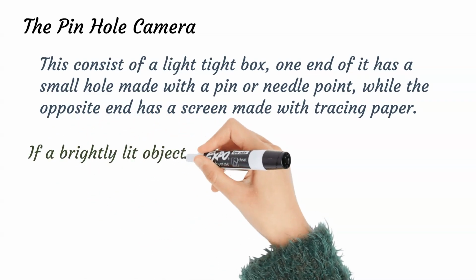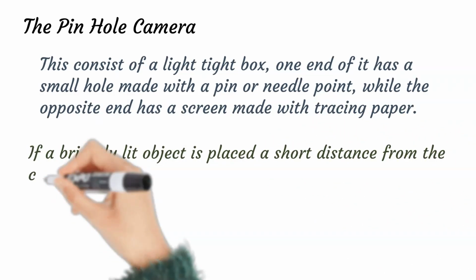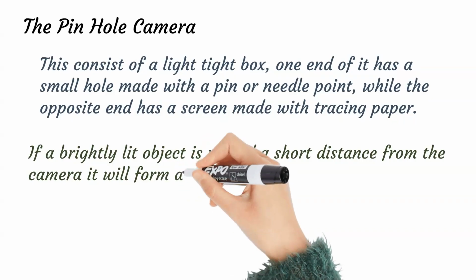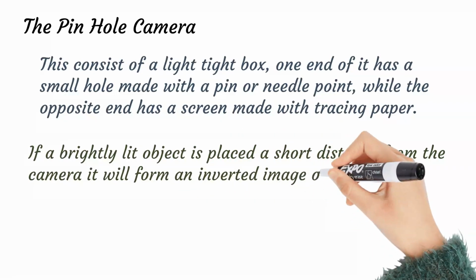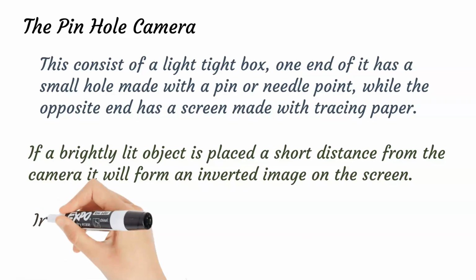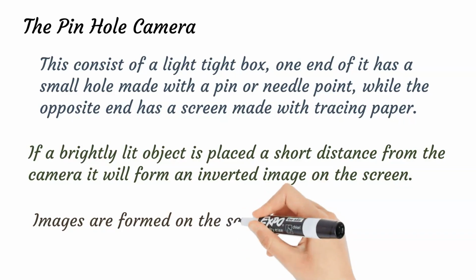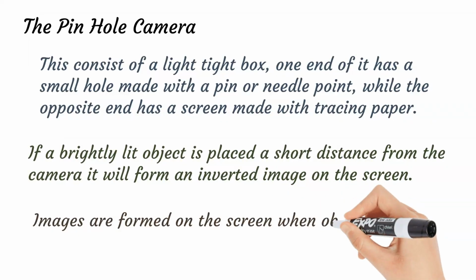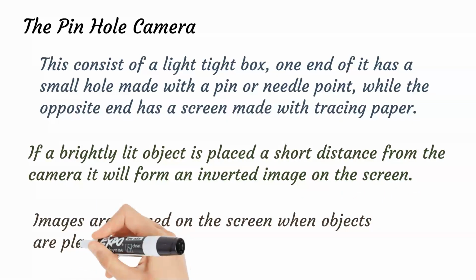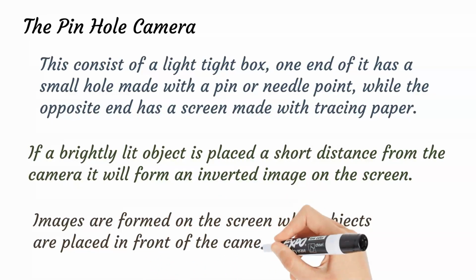Now, if a brightly lit object is placed a short distance from the camera, it will form an inverted image on the screen. Okay, so as long as the object is bright, it will be seen on the screen.